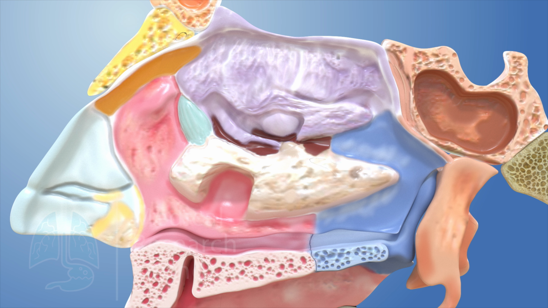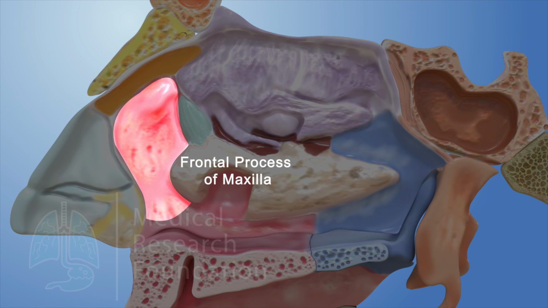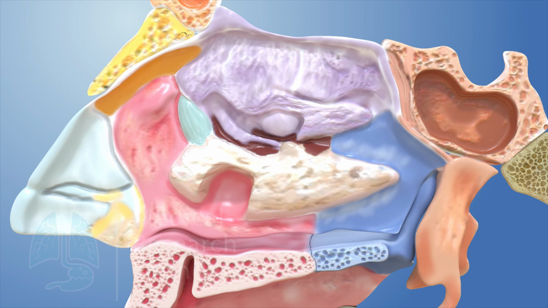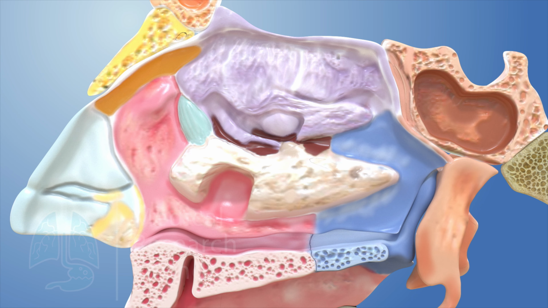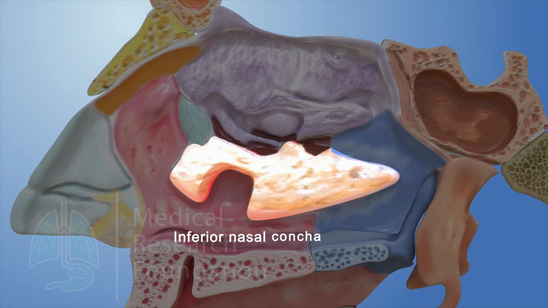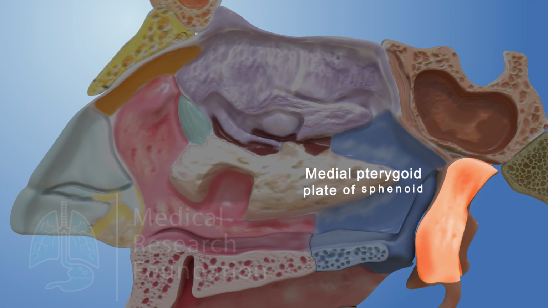Lateral wall. The lateral wall of the nose is complicated. It is formed by a number of bones and cartilages. The bones forming the lateral wall are nasal, frontal process of maxilla, lacrimal, conchae, and labyrinth of ethmoid, inferior nasal concha, perpendicular plate of palatine, and medial pterygoid plate of sphenoid.